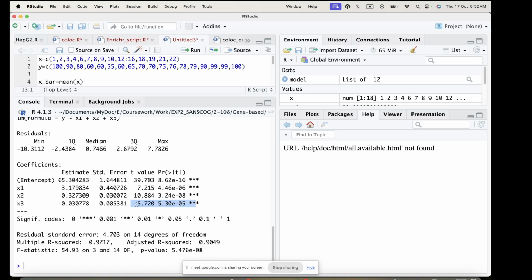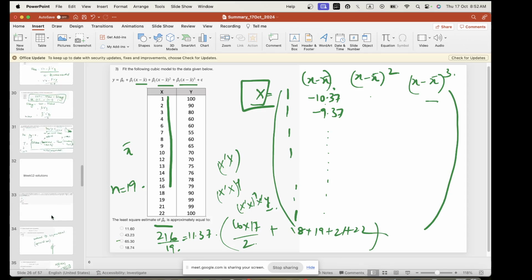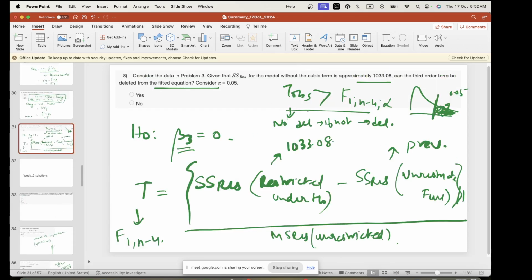This is the p value, this is the test statistic value, and since here we have p less than 0.05, we won't be able to remove it.